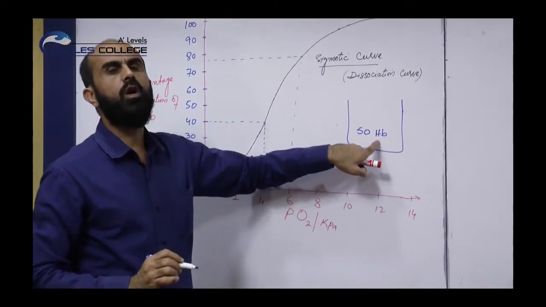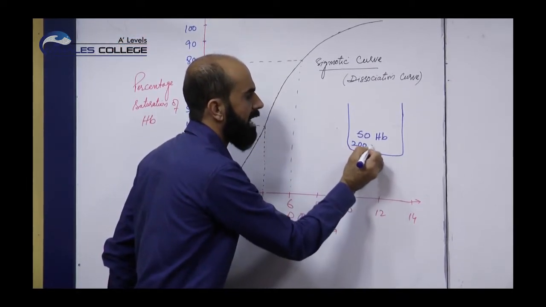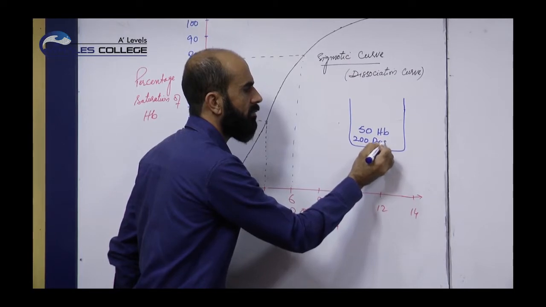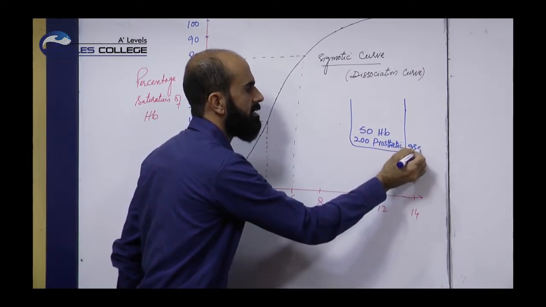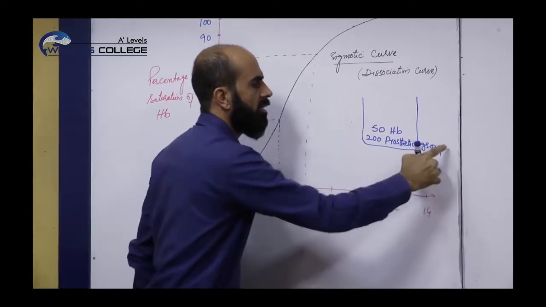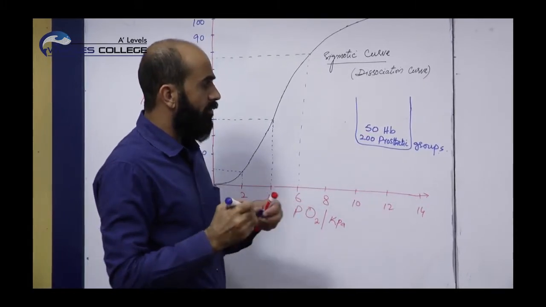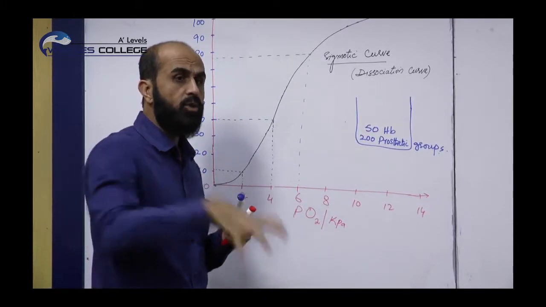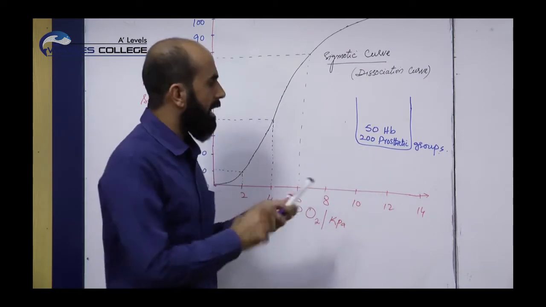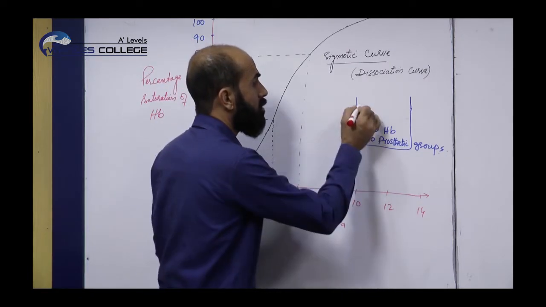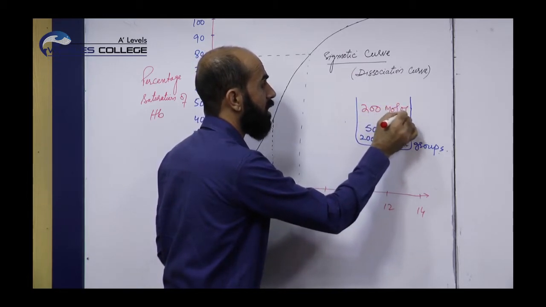So 50 molecules of hemoglobin means 200 prosthetic groups, isn't it? Because one hemoglobin consists of 4 prosthetic groups. I mean, 50 hemoglobin molecules have the ability to pick up how many oxygen molecules? 200. And suppose we have here 200 molecules of oxygen as well.